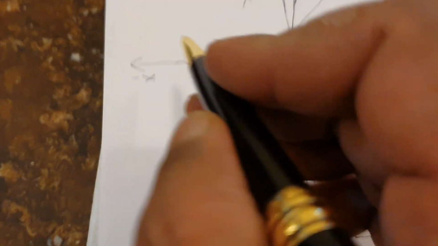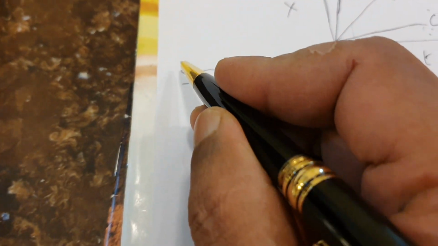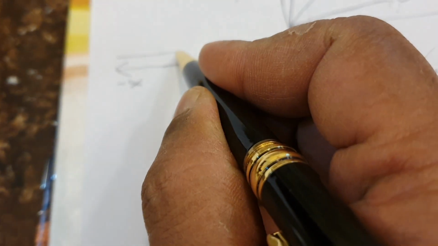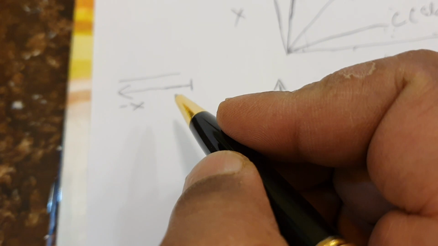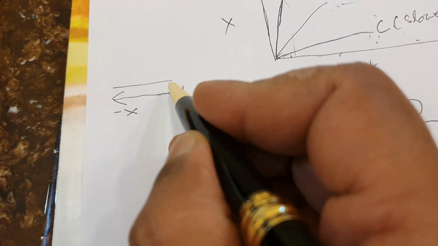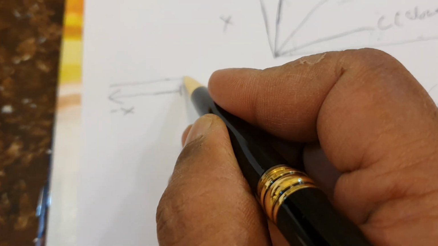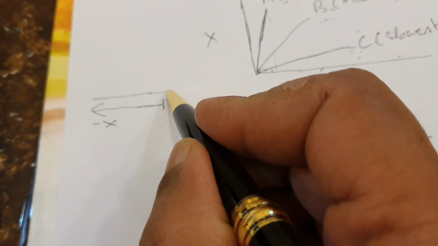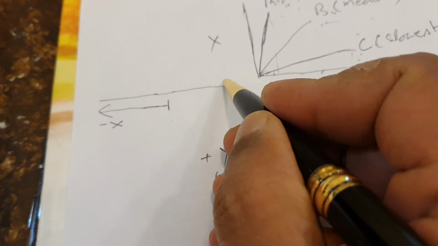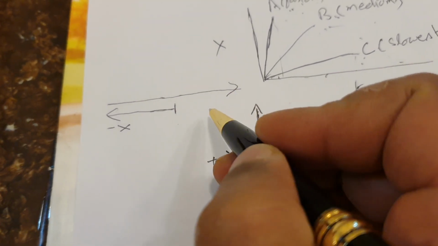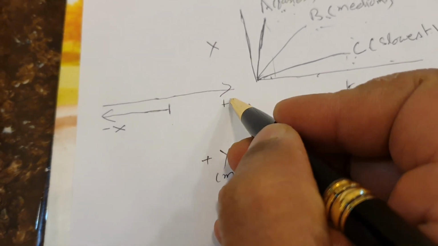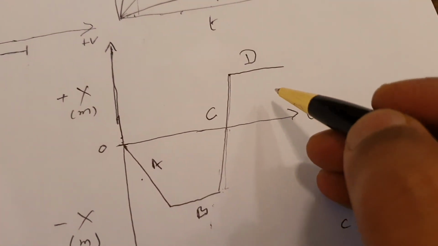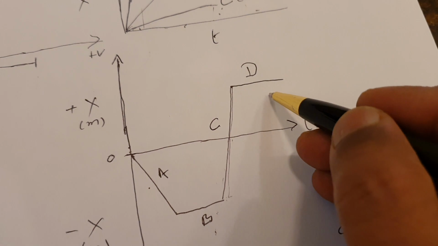So that would mean that object was at rest here, and then it would move towards right hand side. It does not stop there, rather it continues to move towards right hand side. This is towards positive x-axis. Yeah, and at D it is at rest again.